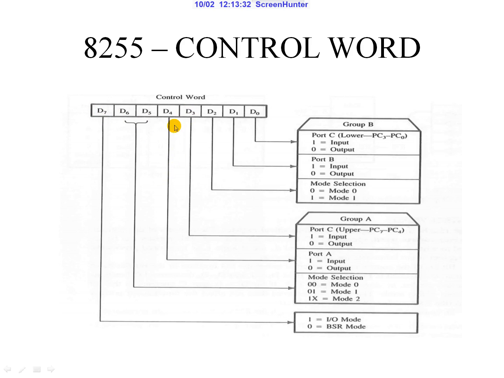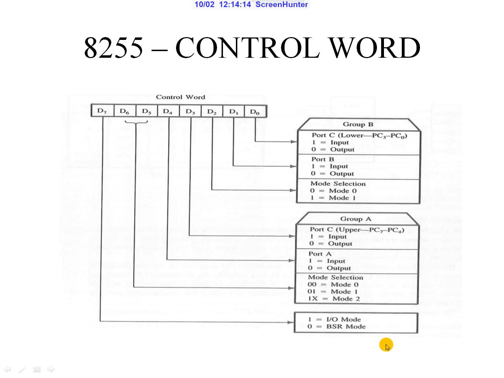From D0 to D2 you will have the operations of group B. In D3, you can program port C's upper byte as either input or output, and port A by the D4th bit, and D5 and D6 are going to be used for mode selection. In this operation, you will have mode 0, mode 1 and mode 2, which can be chosen by the appropriate mode selection bits given here.